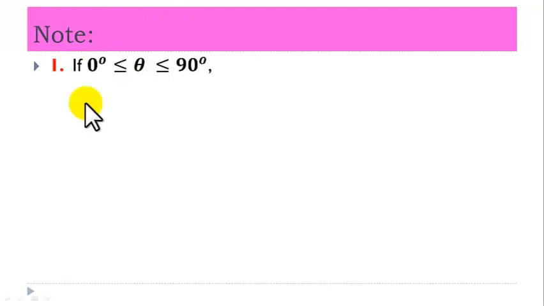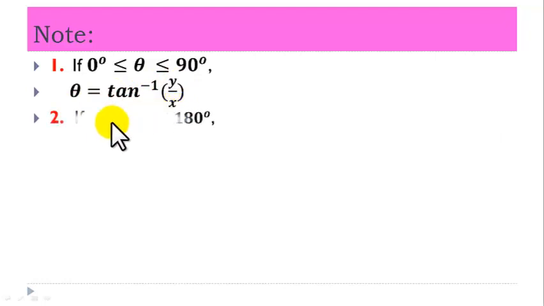Let us take note of the following. 1. If the argument theta is greater than 0 degrees but less than 90 degrees, that is if it lies in the first quadrant, then theta can be calculated using the formula arctan of y over x. 2.